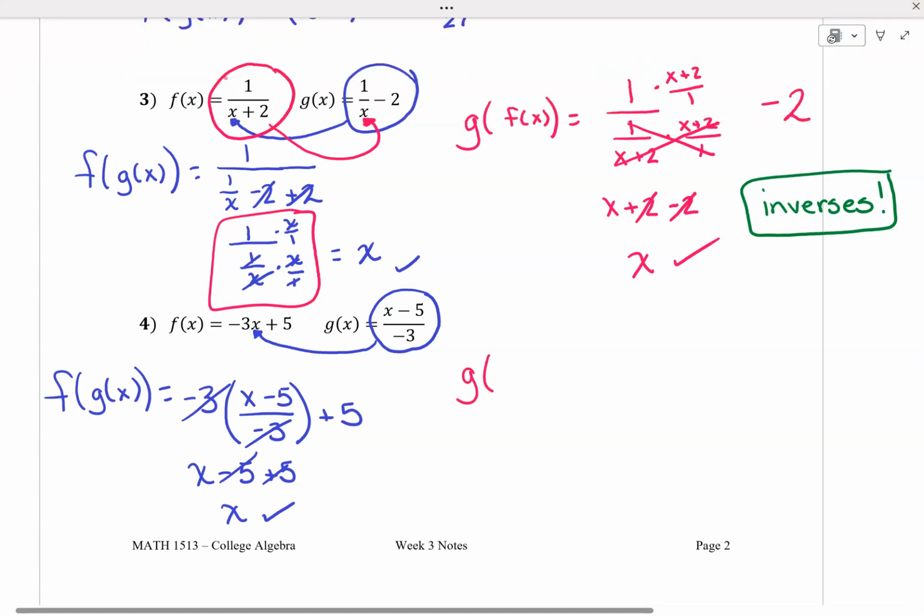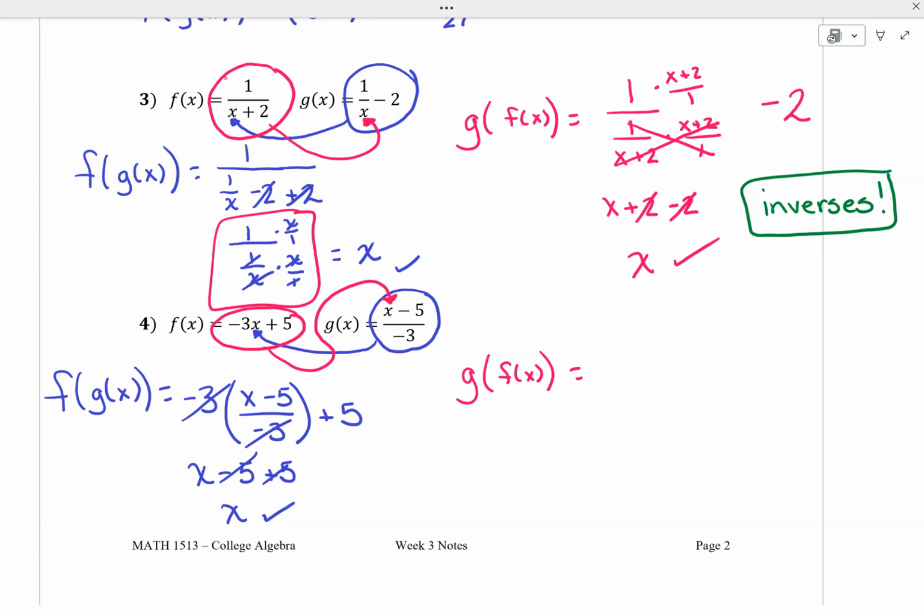Now we are going to take the f and plug into the g. So the f goes this way. So we're going to have -3x plus 5 minus 5 over negative 3. Now, I know some of you guys want to cancel those negative 3's. You cannot technically do that first. These have to be gone first.